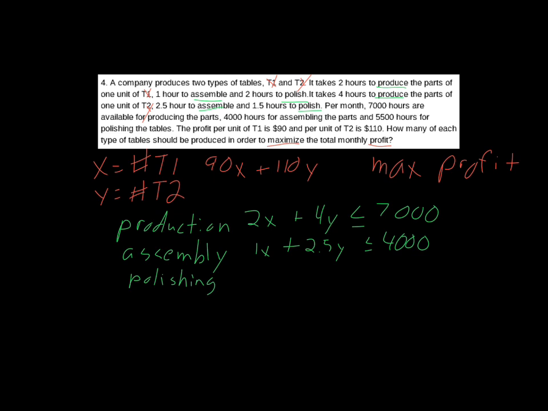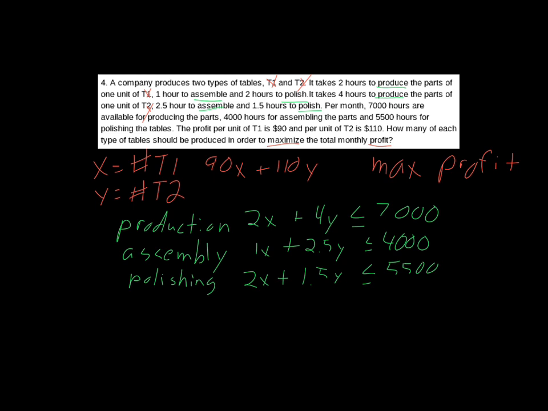To polish T1, it takes 2 hours. To polish T2, it takes 1.5 hours. And the amount of time available for polishing tables is 5,500 hours.